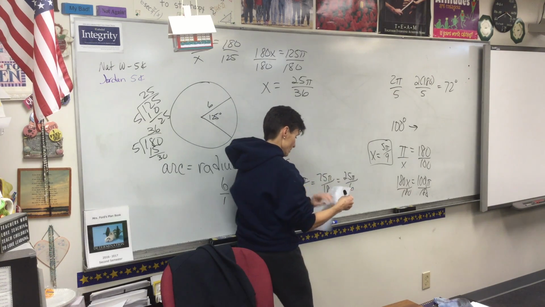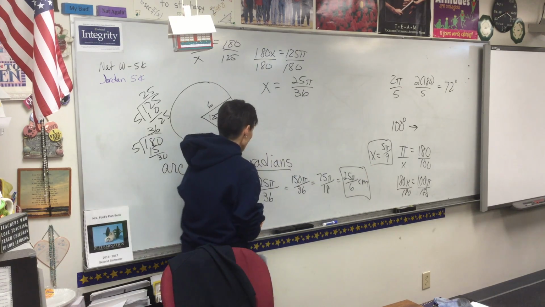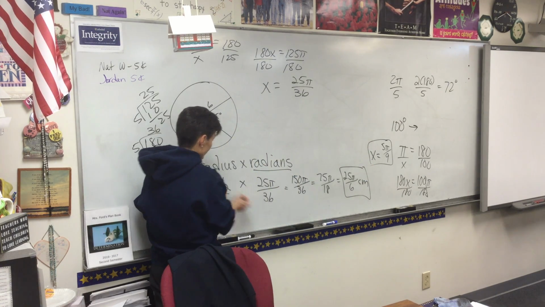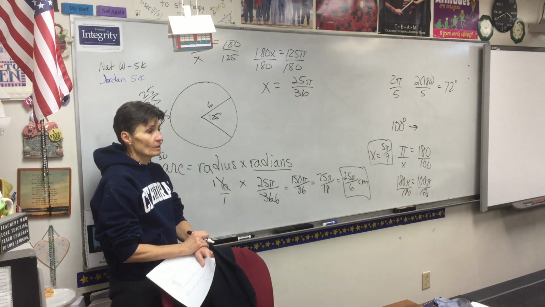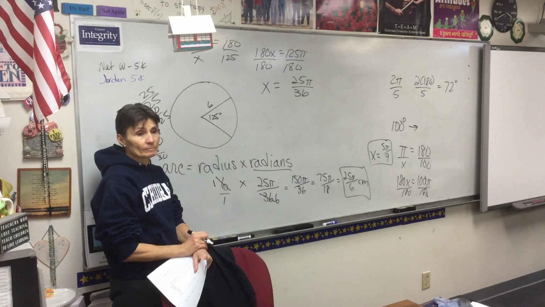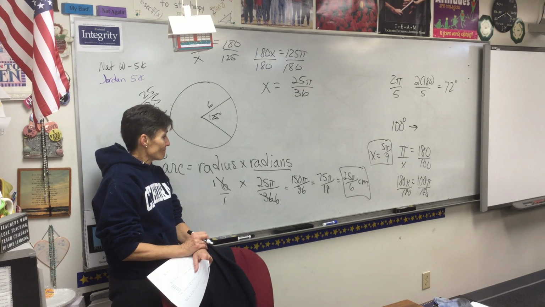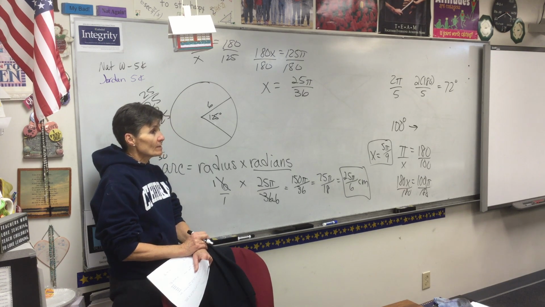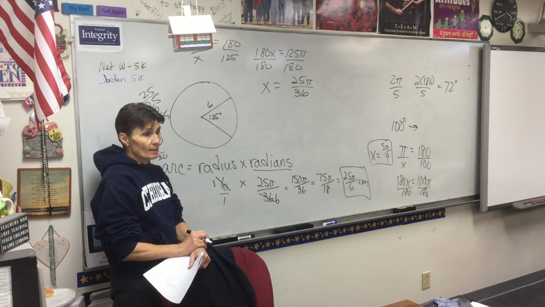And that's the answer to the problem. It's centimeters. If you cross-canceled at this point, you would get the same answer, 25 pi over 6. Okay, what are the need to knows there? Arc length equals radius times radians.